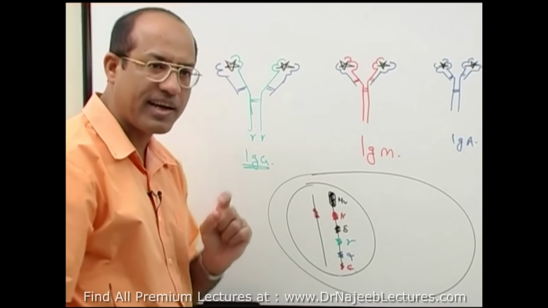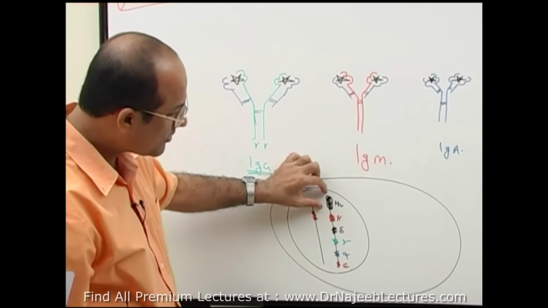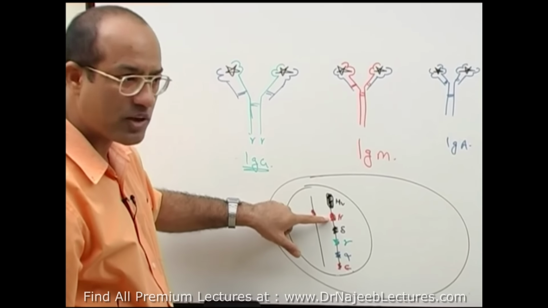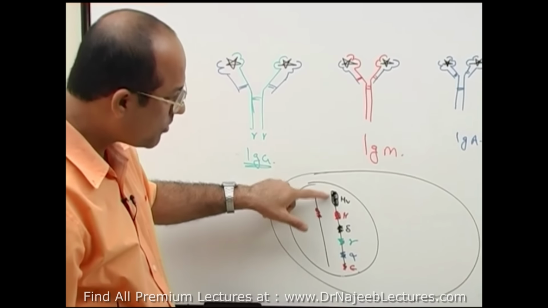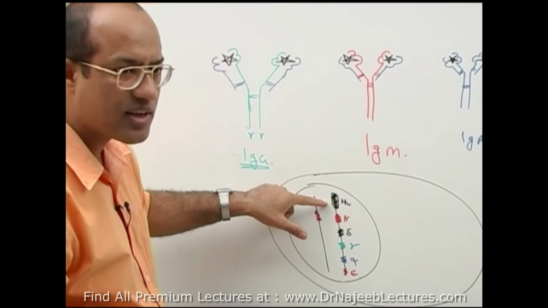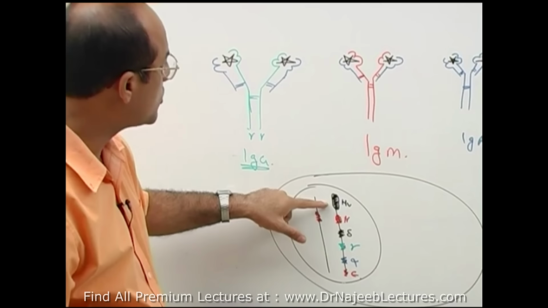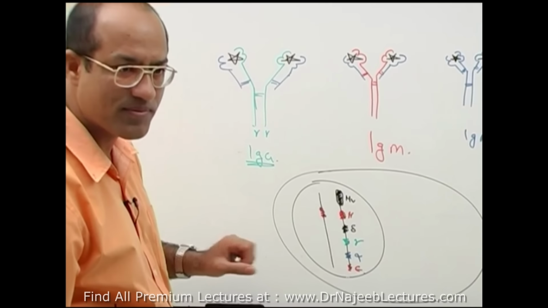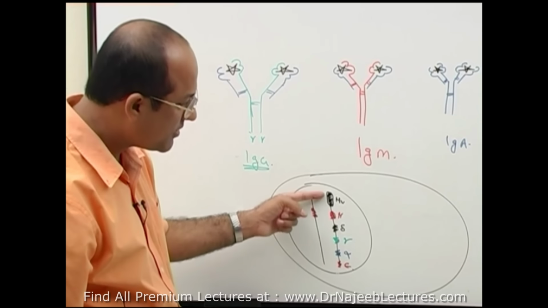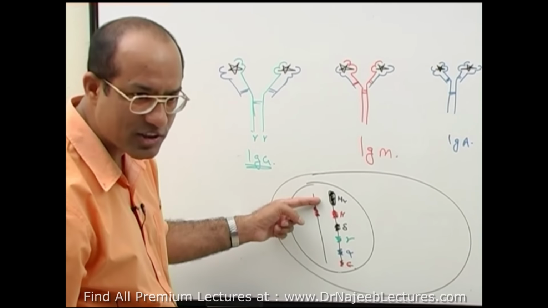When an antigen comes for the first time, this part of the DNA will combine with the mu. Suppose this part of the DNA makes the variable portion which will react with the star antigen.